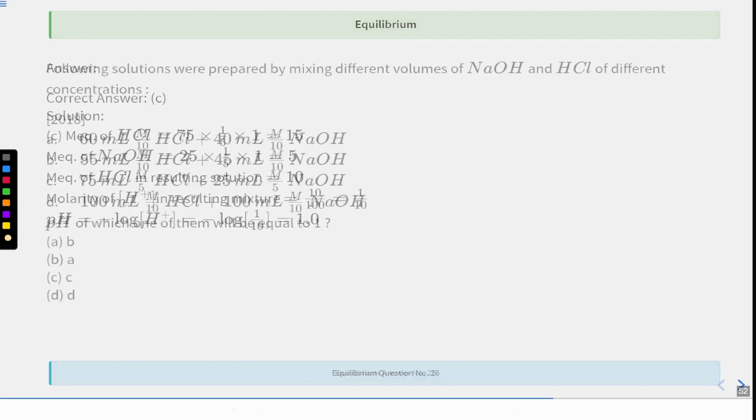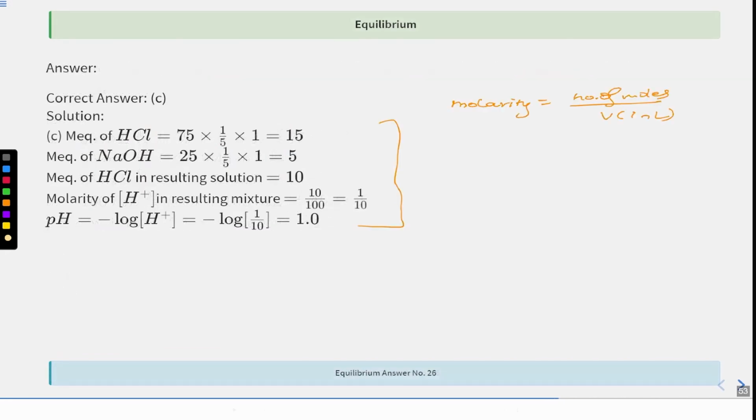If we are talking in ml, we will not get the number of moles, we will actually get the number of equivalents. So my number of equivalents will be equal to volume into molarity. My number of equivalents for HCl will be my volume into my molarity into 1.